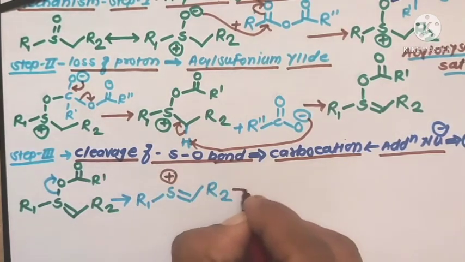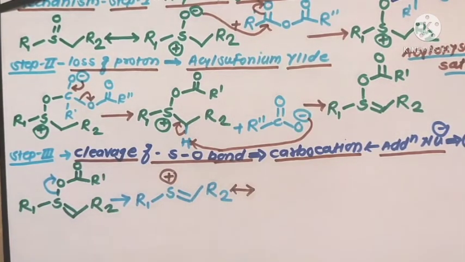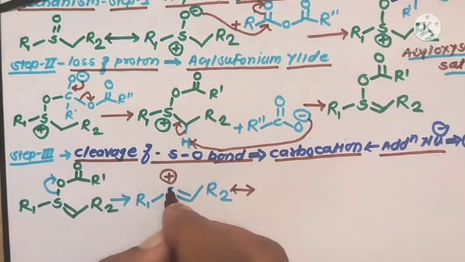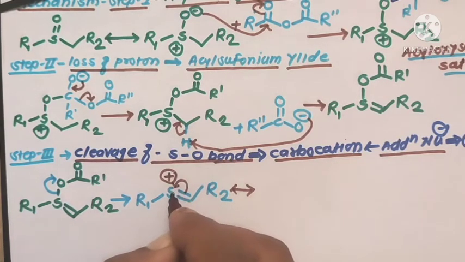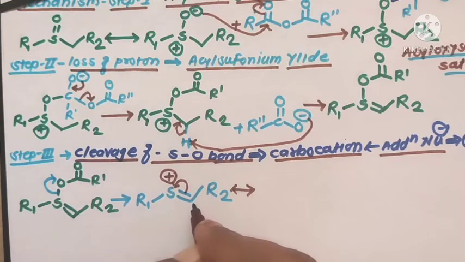This sulfur contains a positive charge which can resonate, since sulfur is more electronegative than the carbon atom, so this is a less stable carbocation. Therefore this molecule can form the more stable carbocation by the bonding electrons shifting toward the oxygen atom, and then there is displacement of the positive charge from the more electronegative sulfur atom toward the less electronegative carbon atom.